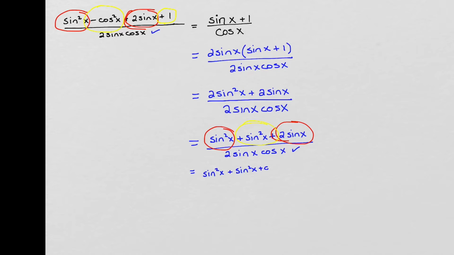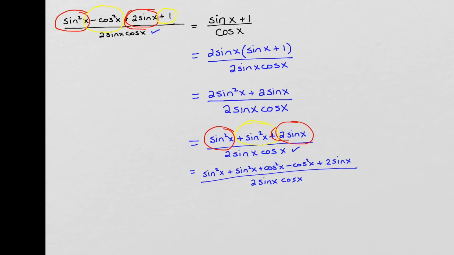And now I'm going to add cosine squared x because I know I want to work with the Pythagorean identity, and this is going to become 1. But if I add cosine squared x, I have to subtract cosine squared x also. And that way I'm not changing what I had originally, as long as I also bring down the 2 sine x. And then this is all over 2 sine x cosine x.